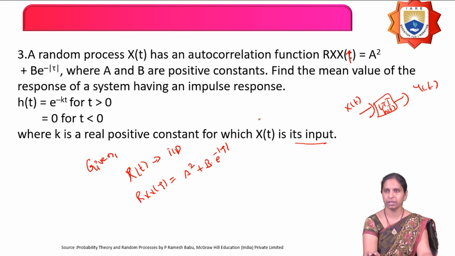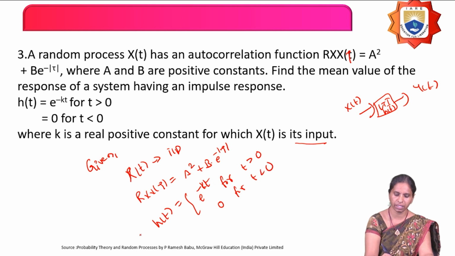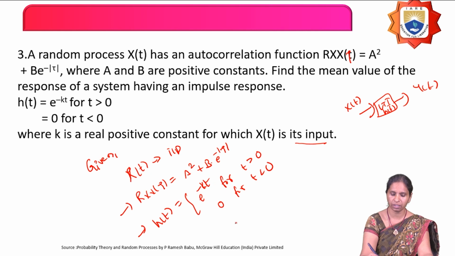After that, they have given the impulse response h of t equals e power minus kt for t greater than 0, and 0 for t less than 0. So they have given the impulse response and the autocorrelation function. What you have to calculate is the mean of the output random process y of t.